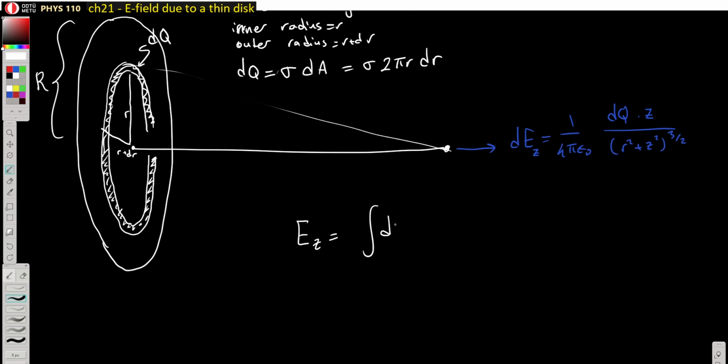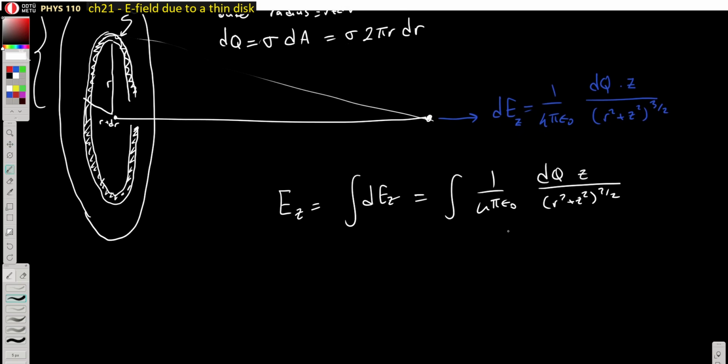It's the integral of this expression, dEz, right? So that's an integral of 1 over 4 pi epsilon 0 dq z divided by r squared plus z squared to the power 3 over 2.